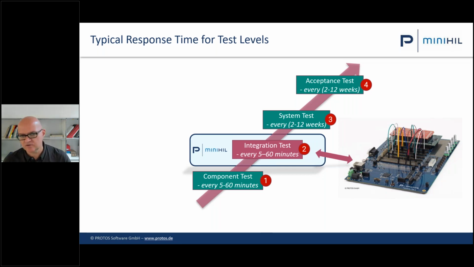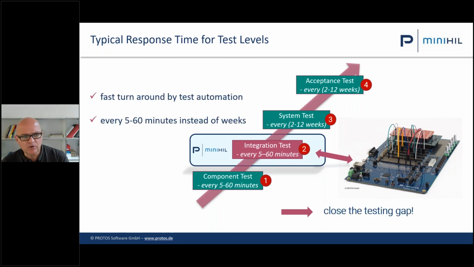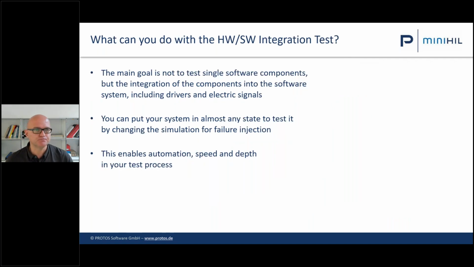Here on the right side, you see our miniHIL system, mini hardware in the loop system. I'll get to that a little bit later. So the goal here is to have a very fast turnaround by test automation. So you get a turnaround or response from your test system within a couple of minutes instead of weeks or even months. So we close the testing gap here.